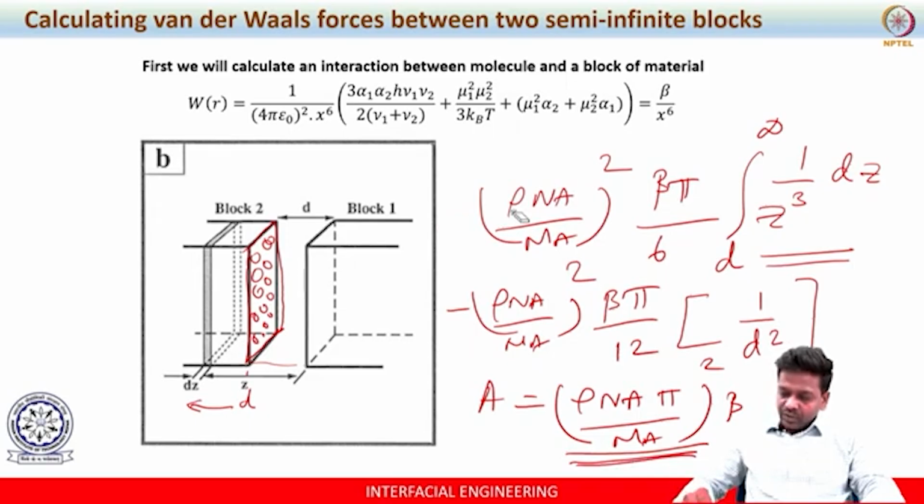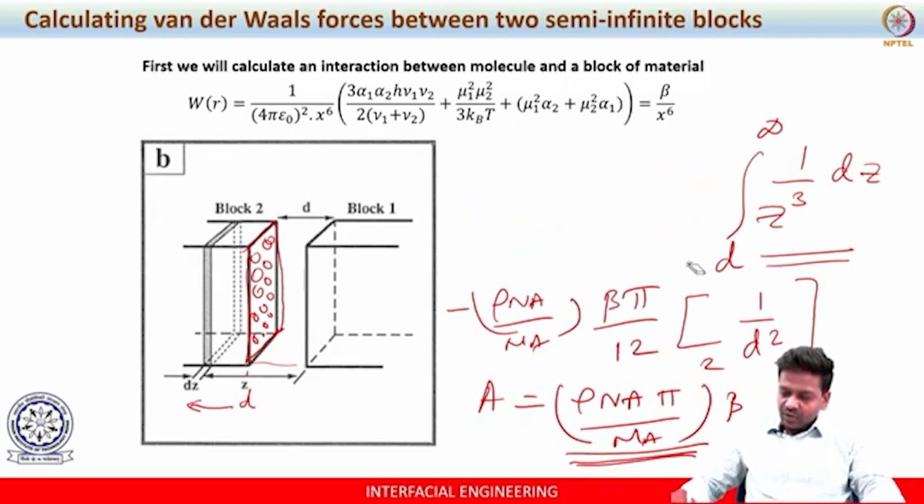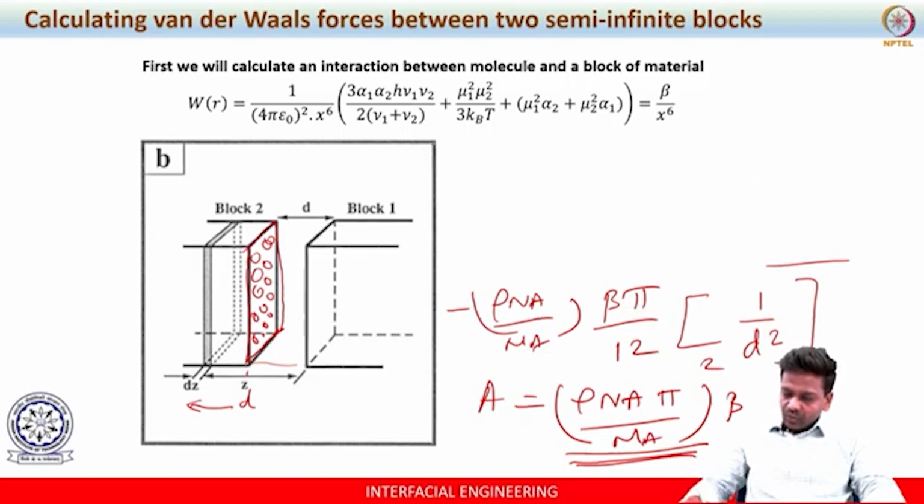In this way, I can rewrite the old equation: if I say that is the total energy, it is nothing but minus A by 12 d square.